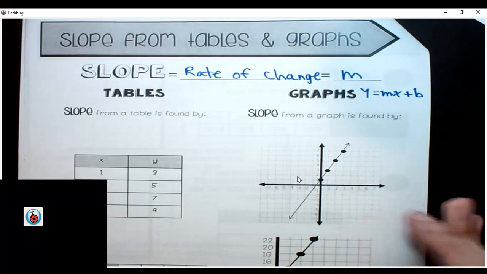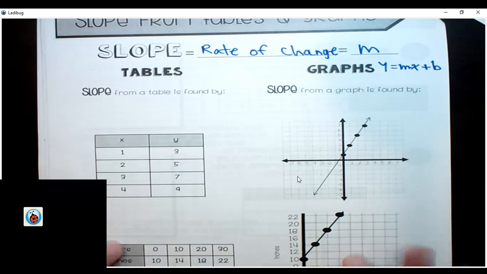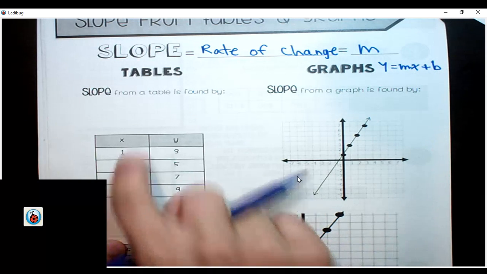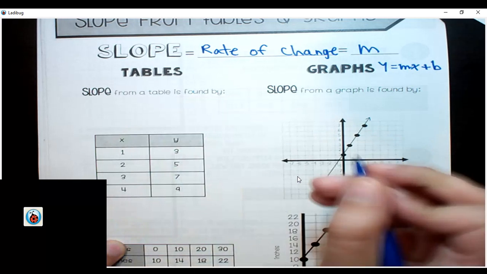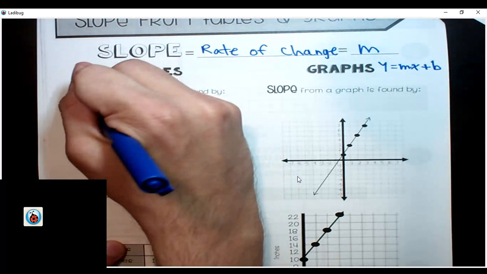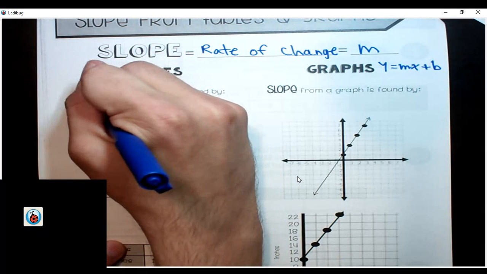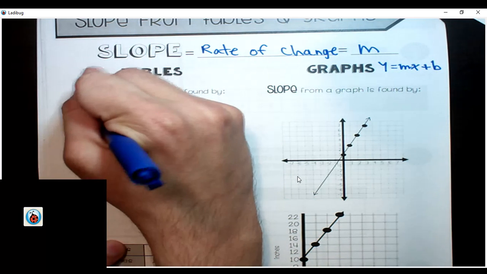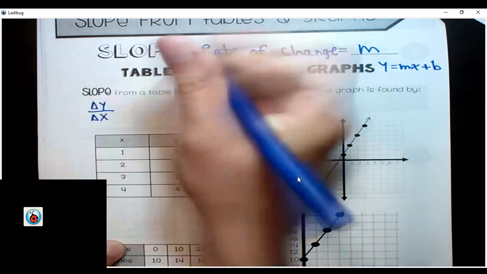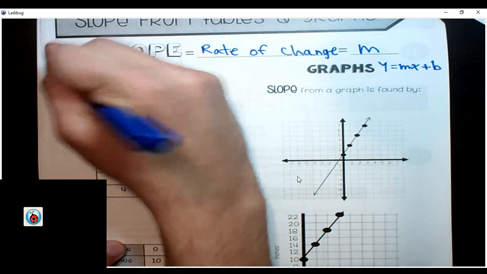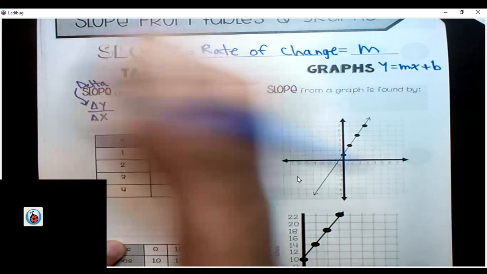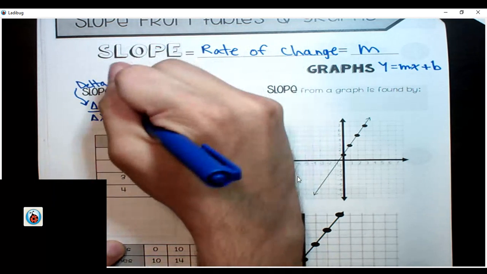All right, so let's take a look at slope from a table. Sometimes you are going to be presented with a table of numbers, x and y coordinates, and there is a formula for finding slope, and it's called delta y over delta x. This delta is Greek for change in.